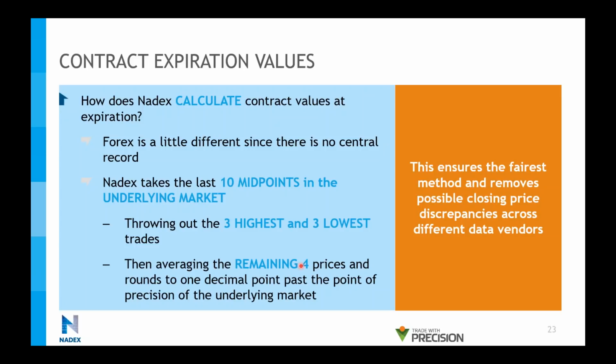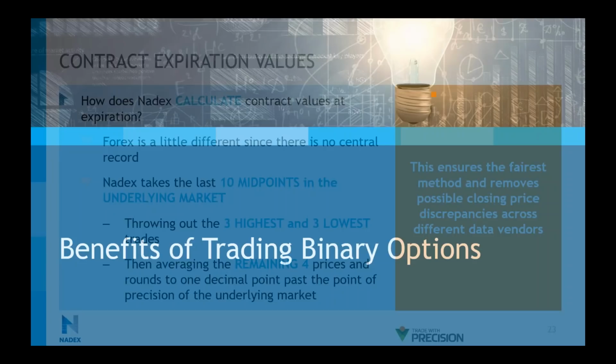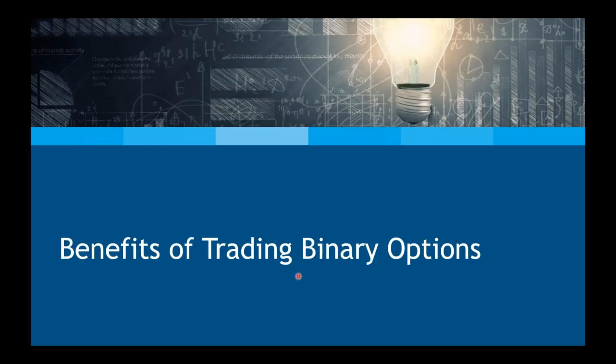And therefore, you have to have a different approach here. Nadex takes the last 10 midpoints in the underlying market, and once again, removes the 3 highest and the 3 lowest, and then averages the remaining 4 prices and rounds to 1 decimal point past the point position of the underlying market. Once again, have a look at the website for more details.